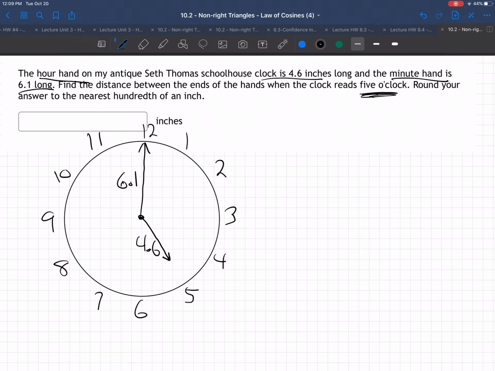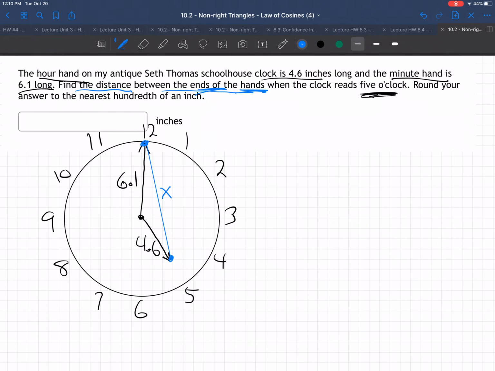They say find the distance between the ends of the hands. So this end right here and this end right there, we want that distance. Call this x. That's what we're trying to find, the distance between the ends of those hands.